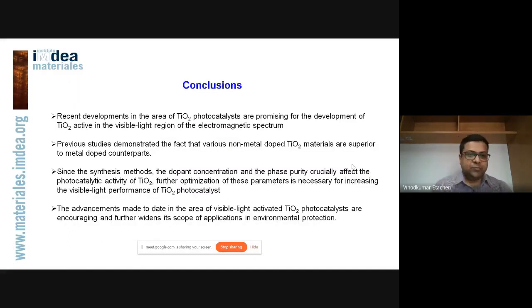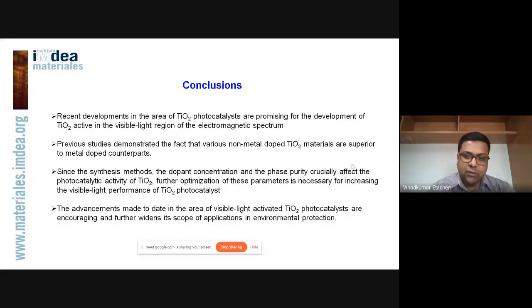So in conclusion, there are several recent developments in the area of TiO2 catalysis. Those are very promising. Studies show that non-metal doped TiO2s and non-metal doped heterojunctions are much more active compared to the old generation metal doped TiO2 catalysts. The synthesis method and dopant concentration, all the parameters affect the performance, so it is very crucial to optimize and engineer those parameters to improve the catalytic performance.